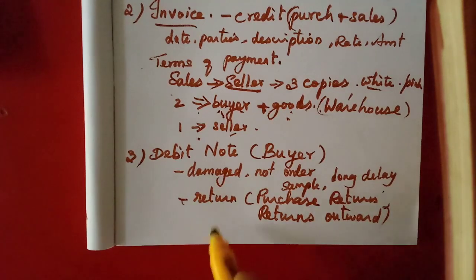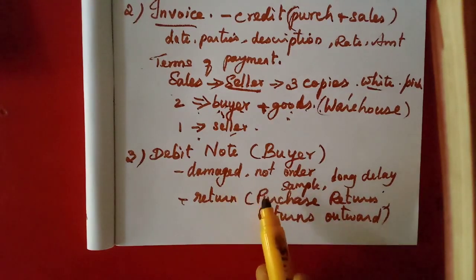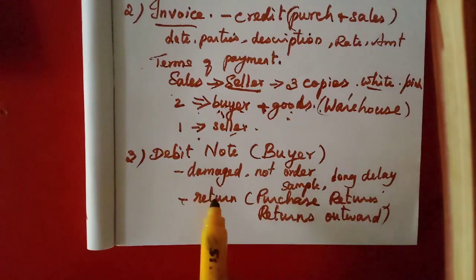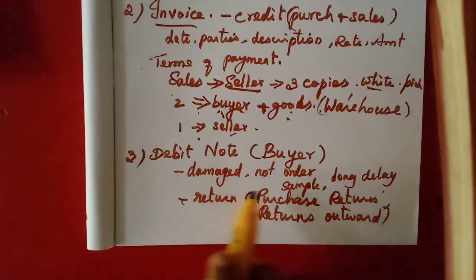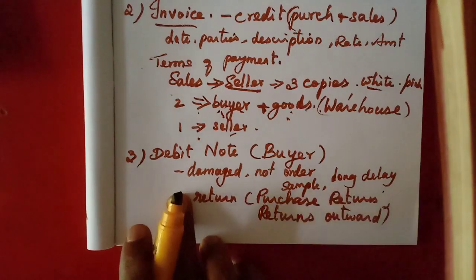He will mention the description of the goods and the value and the reason why he is returning those goods back to the seller. So he prepares a debit note and sends the goods along with the debit note to the seller. Why is it called debit note?